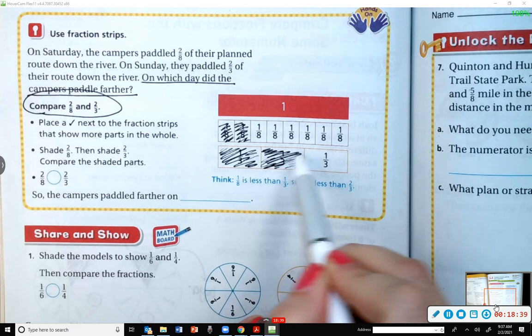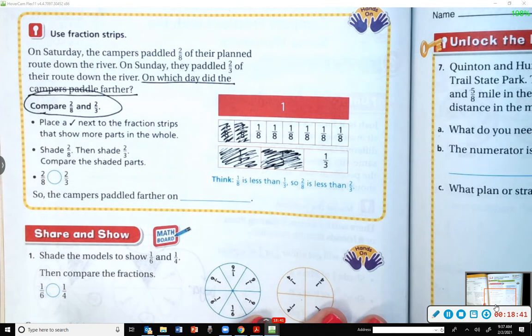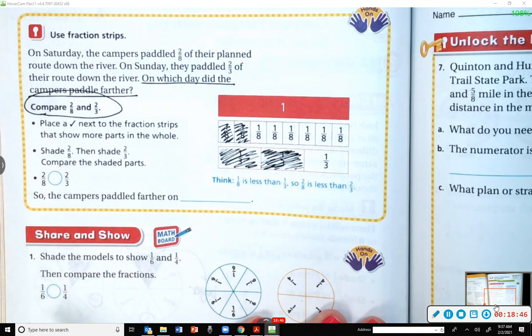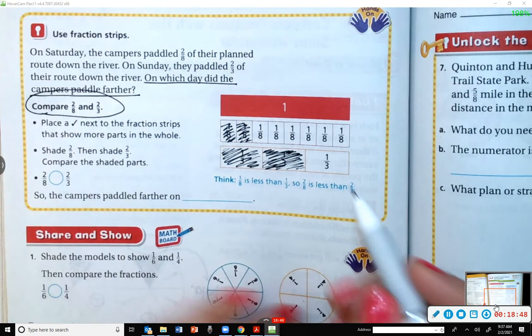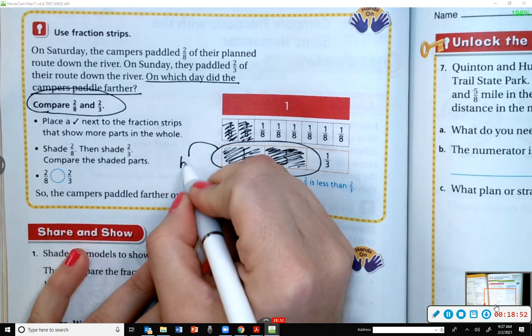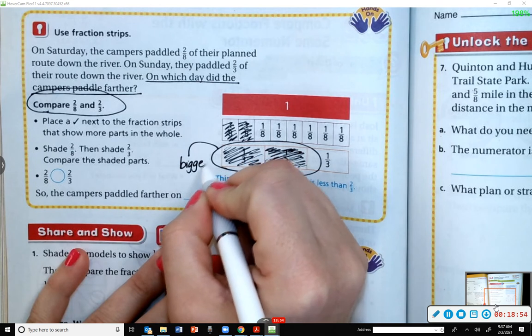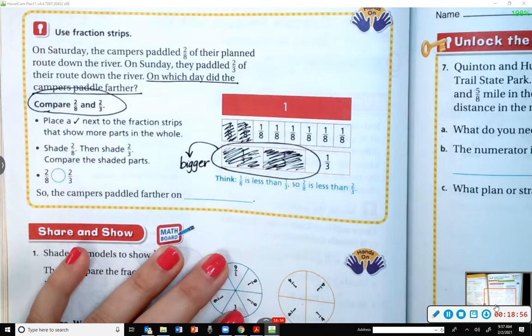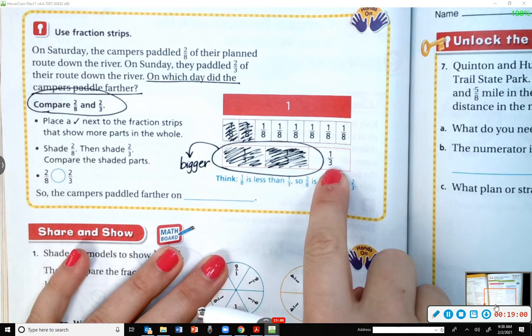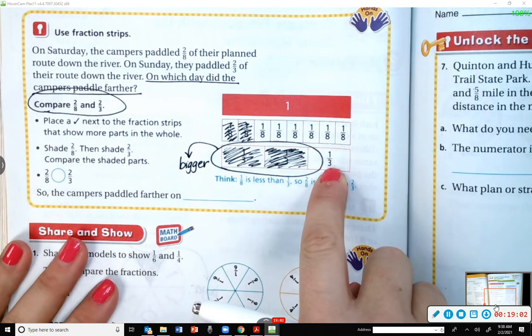Now, if I just look at these pieces, can I tell which one's bigger? Yes. Which one? The bottom one. So let's circle that and label which one's bigger. 2/3, because lower denominator means the pieces are bigger.